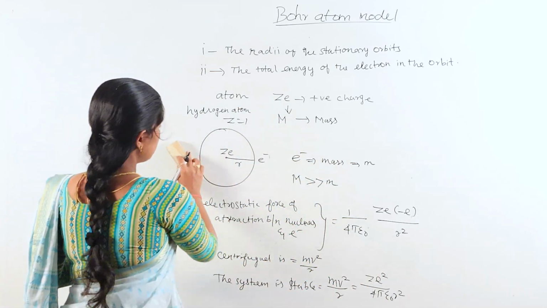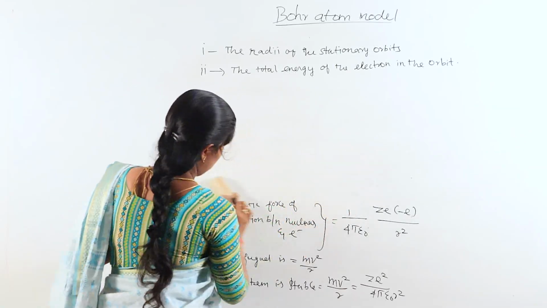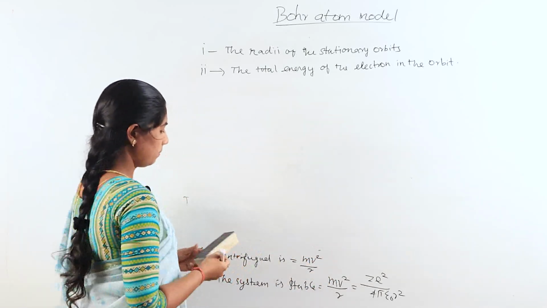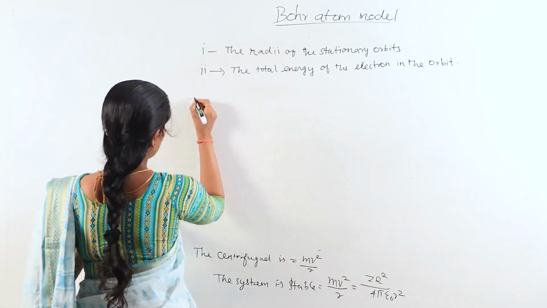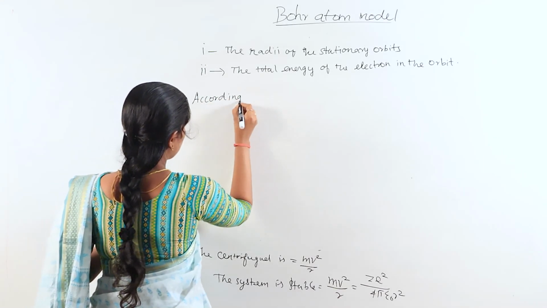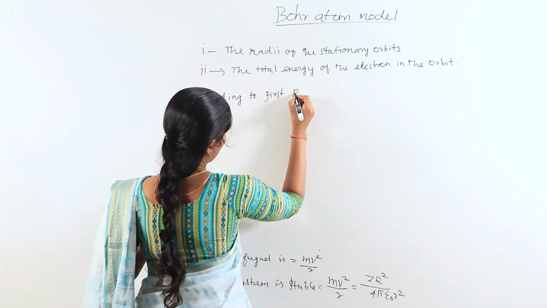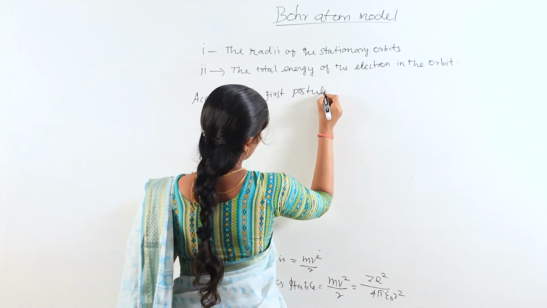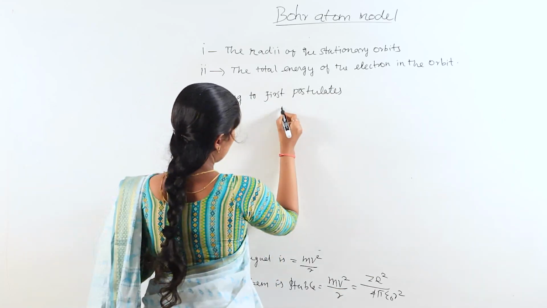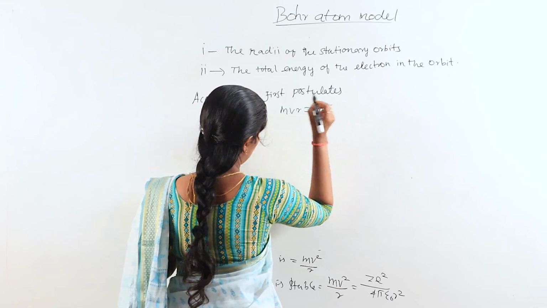From this equation we can find the speed v square. For that, according to the first postulate, we know the value of angular momentum. What is the angular momentum? m v r is equal to n h cross.